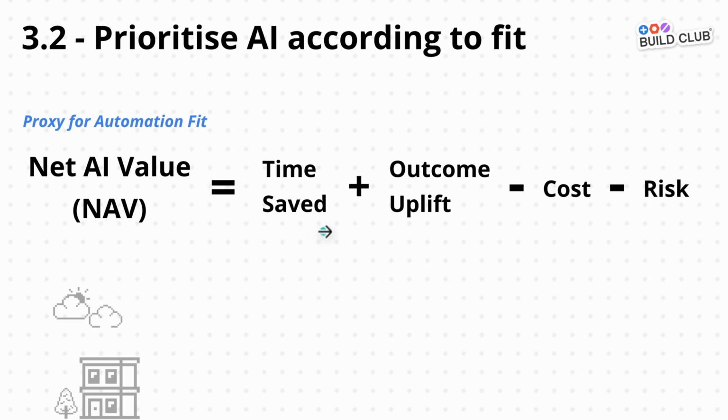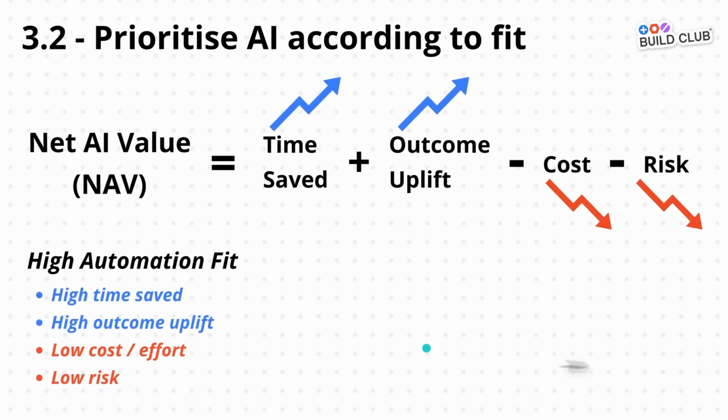So net AI value is equal to time saved plus outcome uplift minus costs minus risk. Therefore, you prioritize AI workflow automation when there is high time saved, high outcome uplift, low cost or effort, and low risk. We've included risk here to prevent against compliance breaches and AI slop.